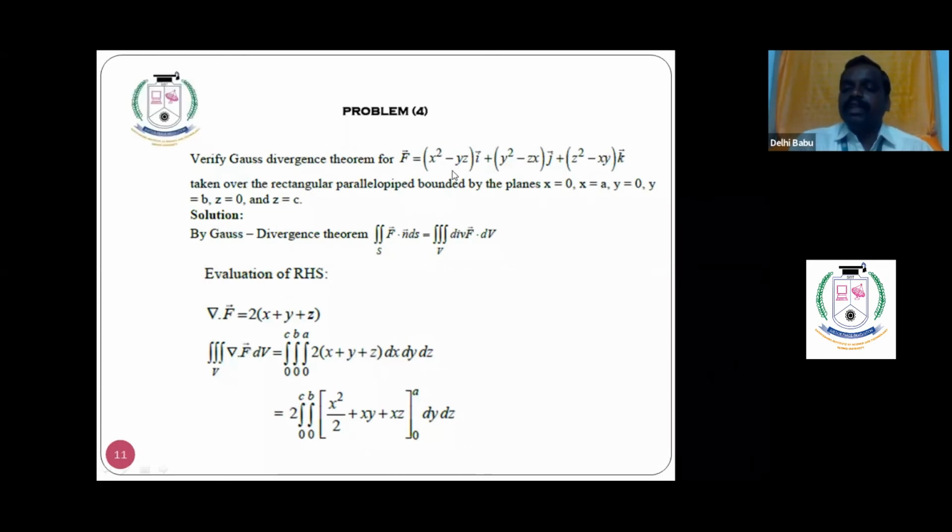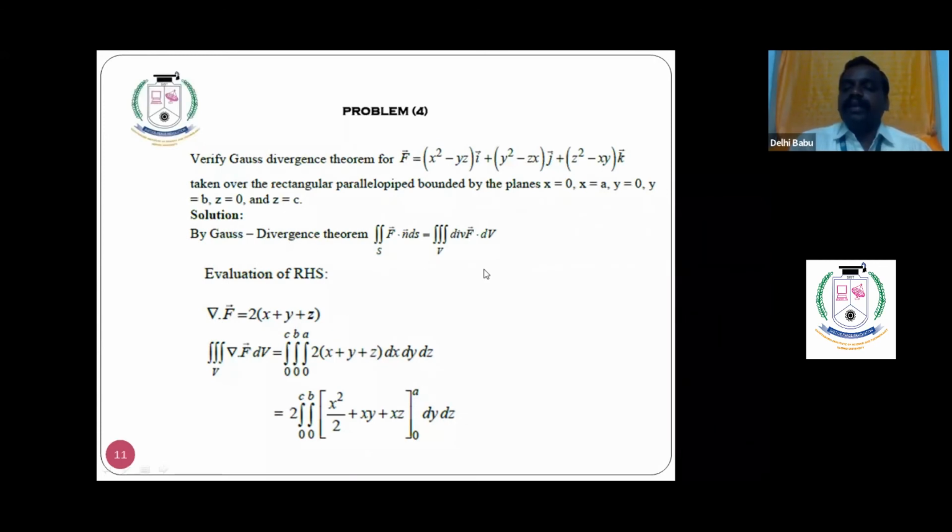So we have 2x plus 2y plus 2z. Take 2 common, you get 2(x + y + z). This is your required del dot F vector.